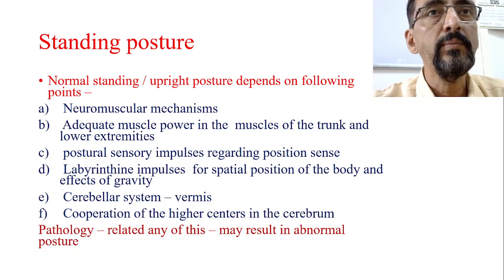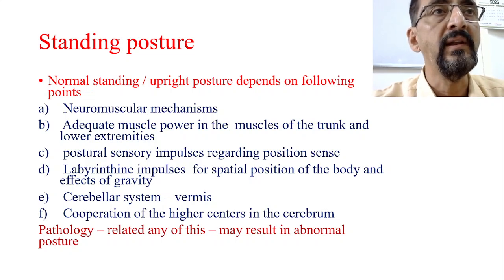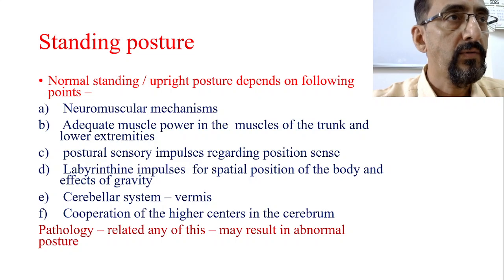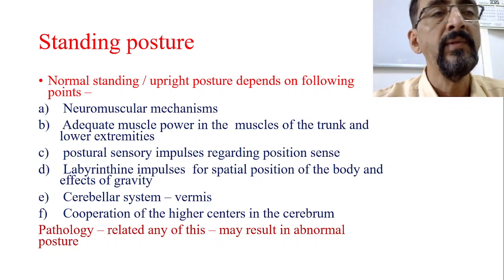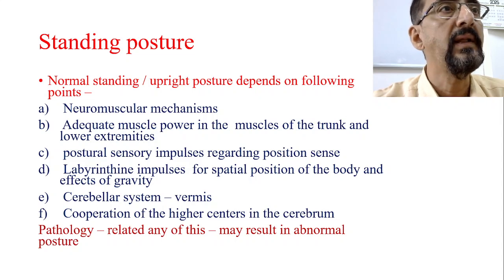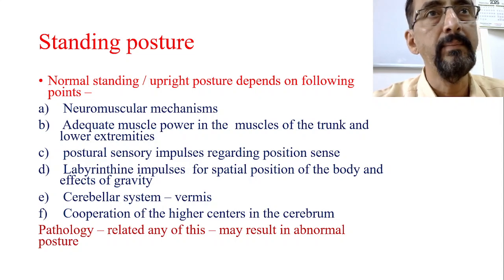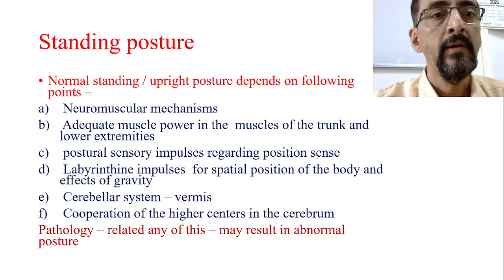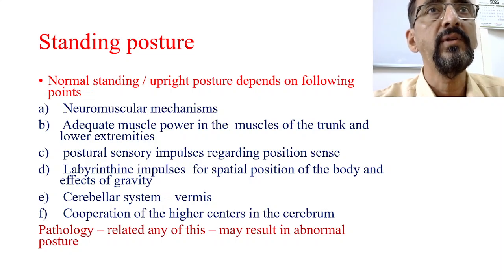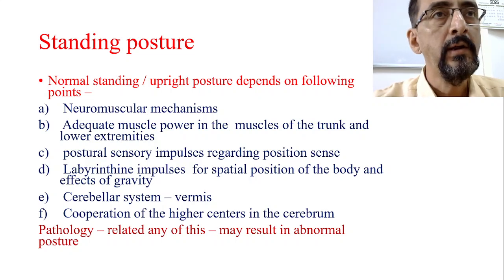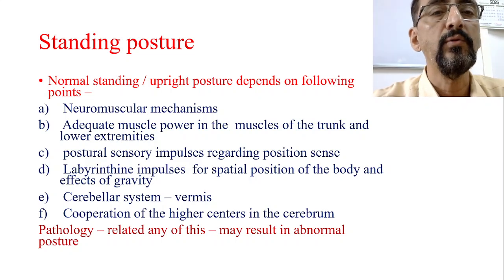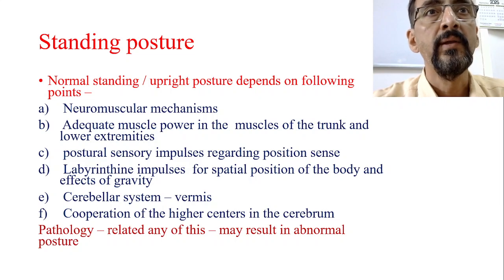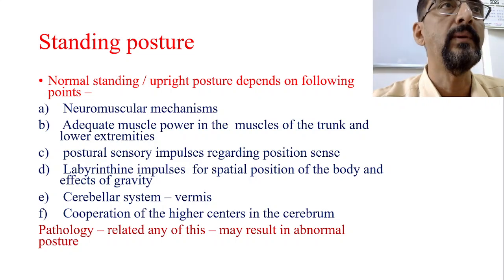In some neurological problems, because of weakness of the muscles or improper nervous stimulation, the muscle may not be able to maintain the proper position. It may be either hypertonic or hypotonic. So neuromuscular mechanisms are very important, number one, to maintain the normal posture. If the patient has some posture problem, first look at the neuromuscular problems, and skeletal problems also.